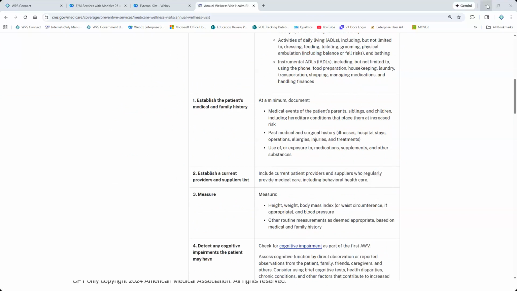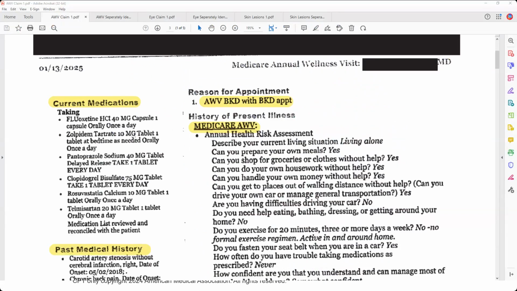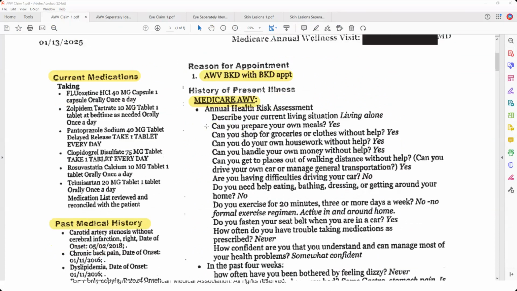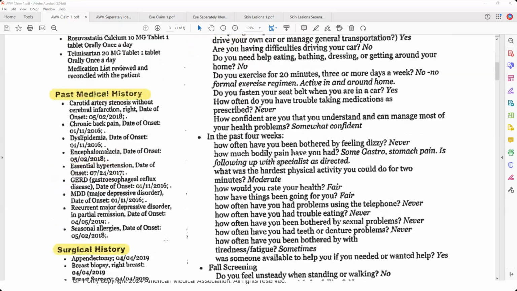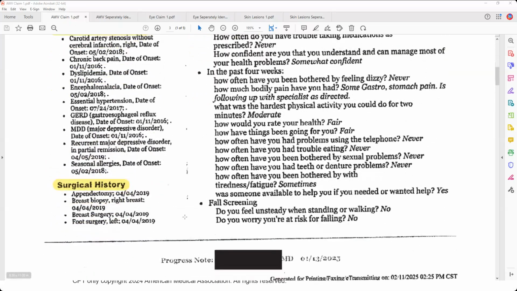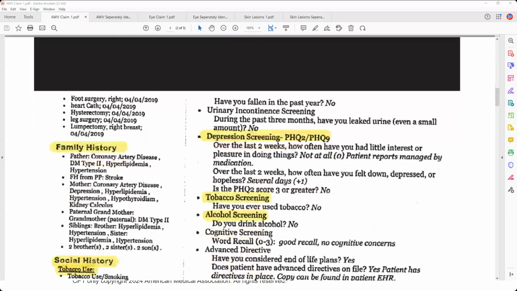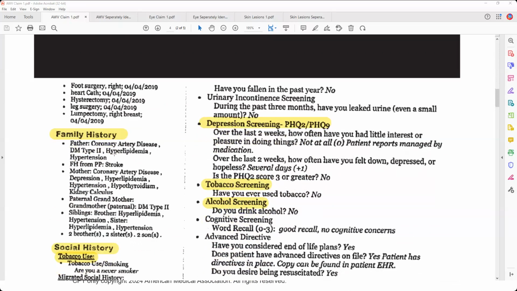So as I go back to the documentation, I'm going to look for all the information related to the annual wellness visit, and I'm going to be verifying to make sure that it was all there. They have their past medical history, their surgical history, and their depression screening that they did with the PHQ-2 or PHQ-9.